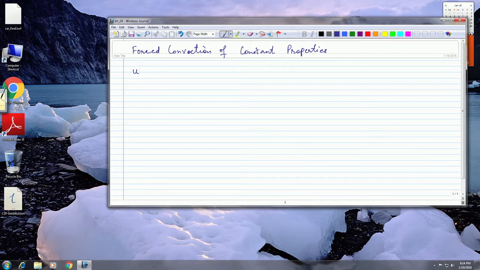Right, this is a non-dimensionalized form, with the Prandtl number, and let's call that equation 1, okay?